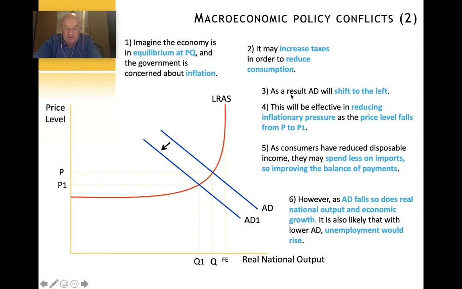So if we have an increase in taxes, individuals and firms may be in a position where they have less money in their pockets, and that's going to cause aggregate demand to fall. So it will shift to the left from AD to AD1. Now, clearly, that's going to reduce inflationary pressures, because it reduces our price from P to P1 at our new level of equilibrium, and that would be quite a good thing, because it would hopefully address the inflationary pressure that we might have within our economy.